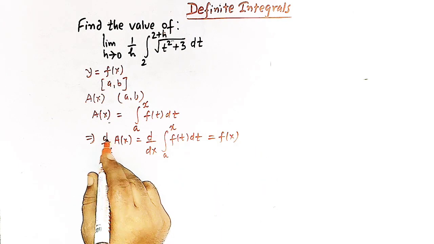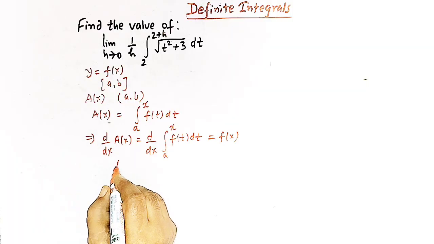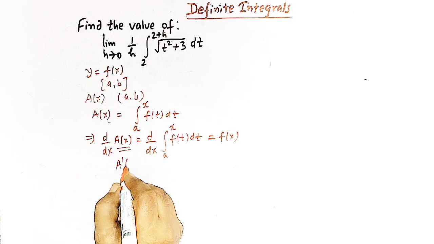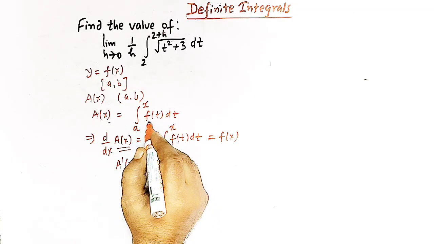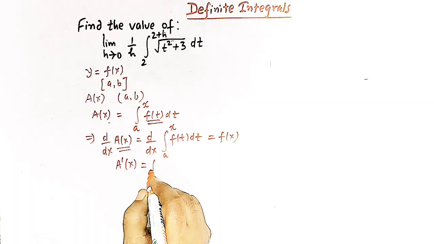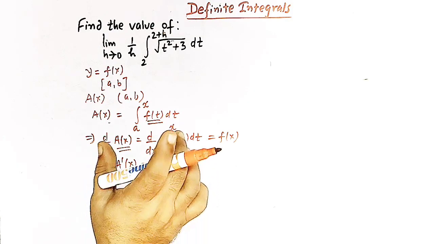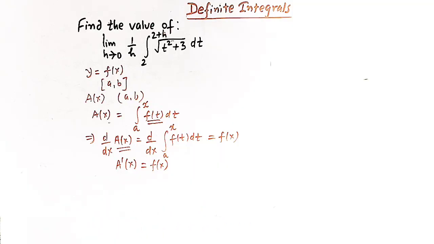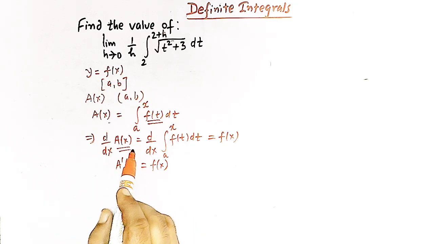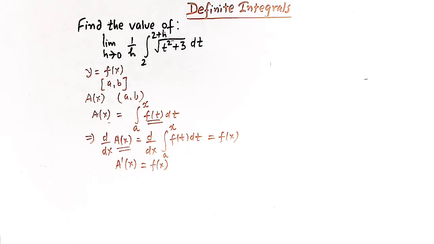So the derivative of the area function, A prime of x, is simply the value of the function f of x. This statement is known as the fundamental theorem of integral calculus, and we are going to apply this rule to find the value of this expression.